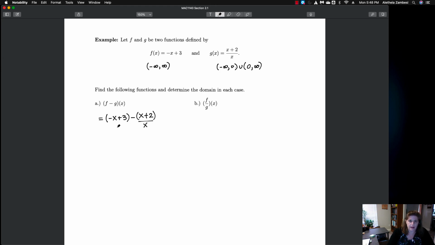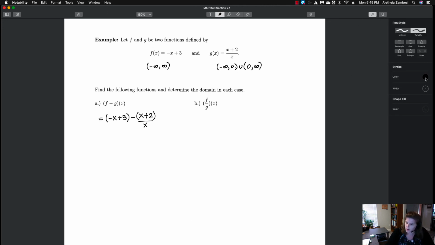So if I want to combine these two terms, I'm going to multiply my first part by x over x just to create a fraction here. So this is like 1 on the bottom, and we're going to multiply this by x over x. Doing that multiplication, I have negative x squared plus 3x on the top. On the bottom we have x, and we're subtracting x plus 2 over x.